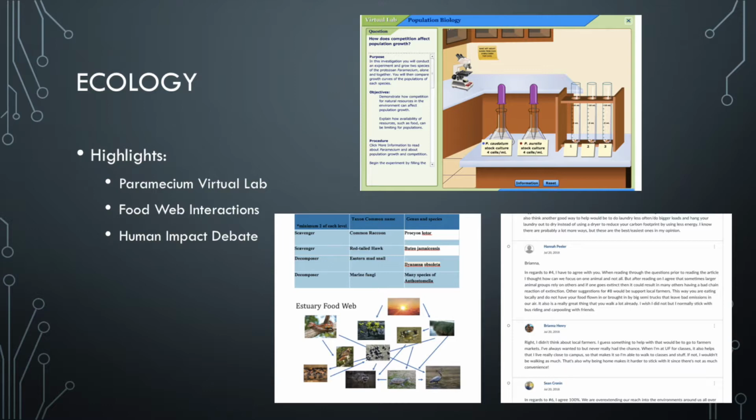With population ecology, we discussed the paramecium lab, and we did that activity, which was my favorite lab out of the whole course. And that reviewed concepts like the competitive exclusion principle, and how different individuals of a population can interact with different limiting variables.